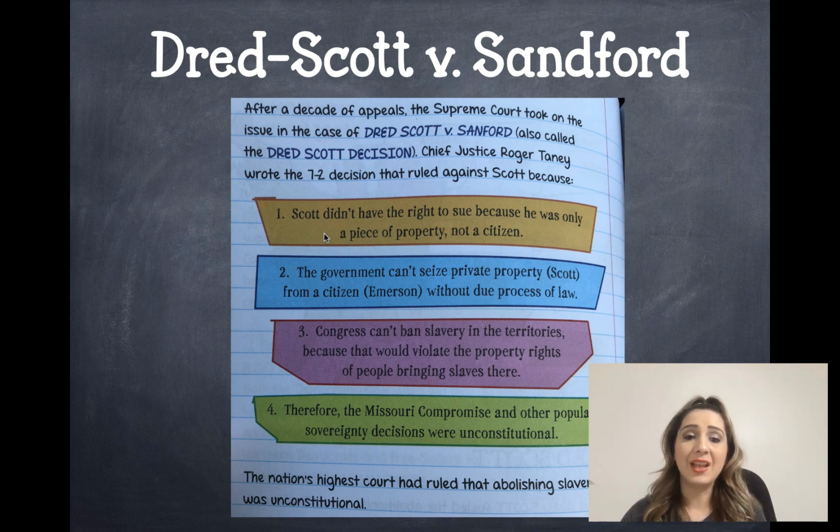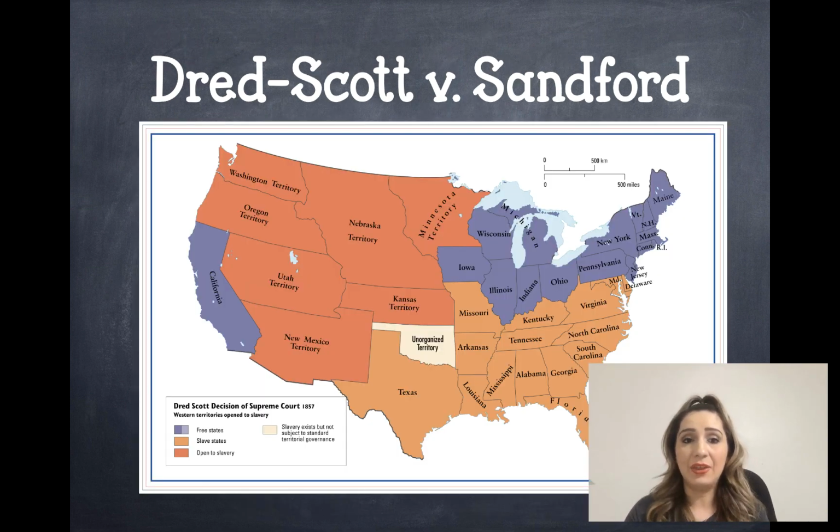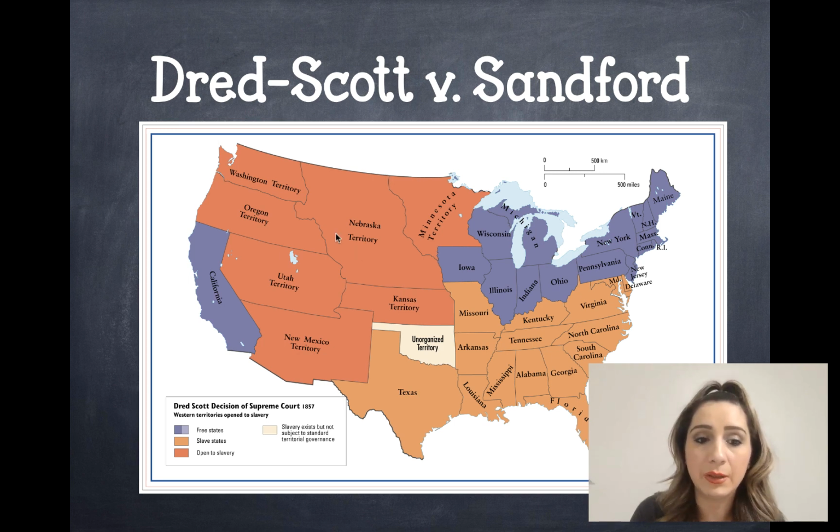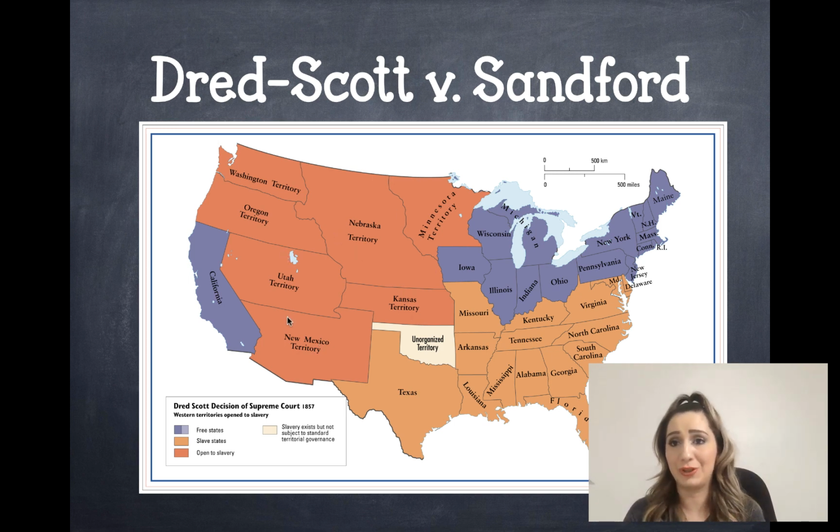So that was the biggest idea, the fact that slaves are property, and because they're property, the United States can't make laws that take away your property without due process. So if we look at this territory in red, all of that territory is now open for slavery.